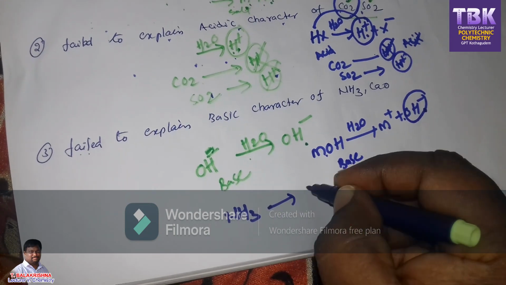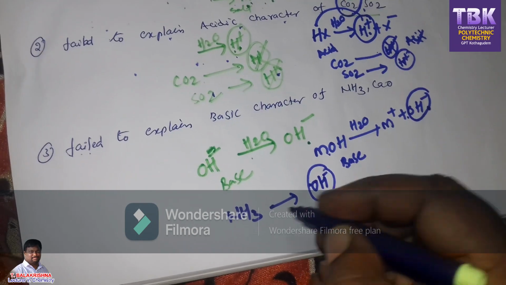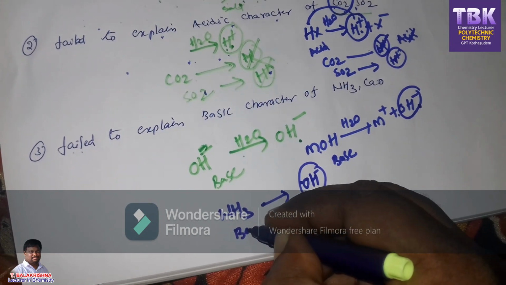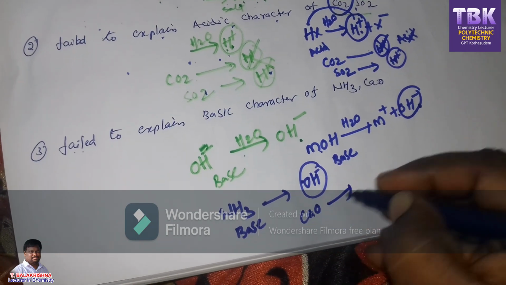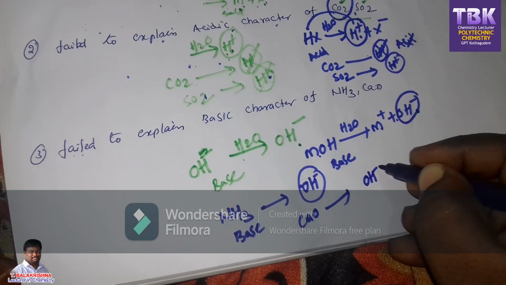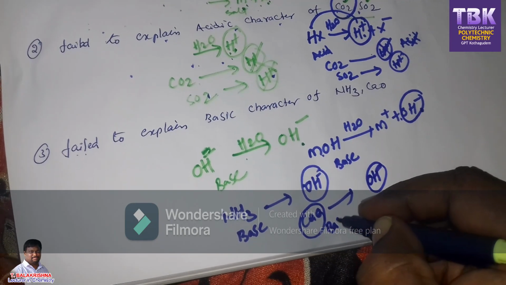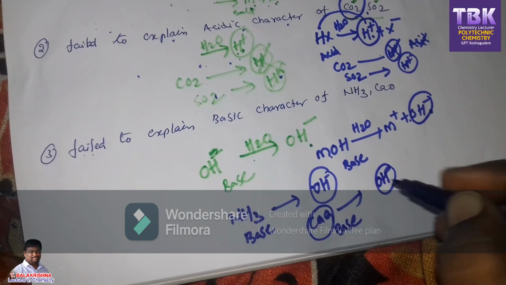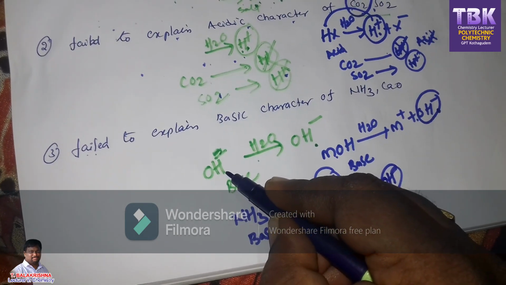There is no chance to produce the OH minus ion because it does not have any hydroxyl molecule, but experimentally proved that it is a base. And calcium oxide, there is no chance to produce the hydroxide ion, but it is experimentally proved that it shows basic nature. So according to this theory, it should have hydroxyl molecule.